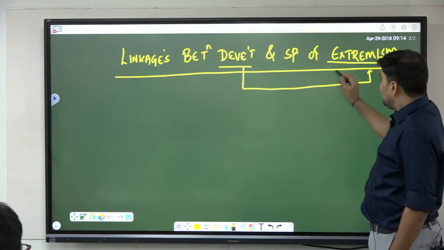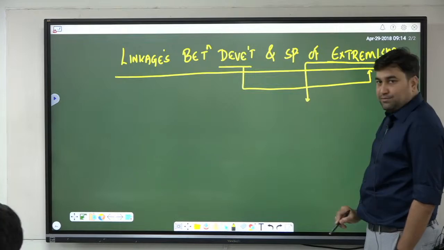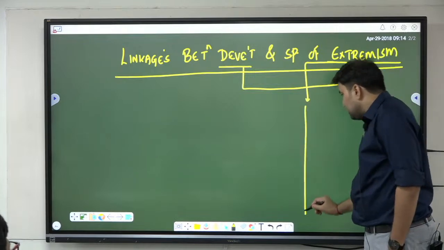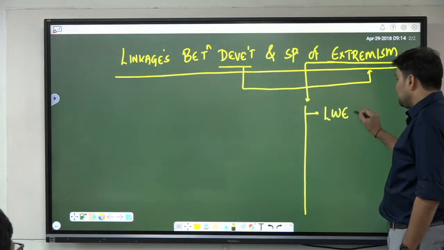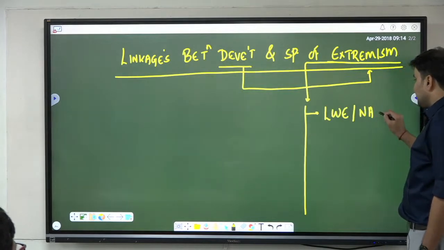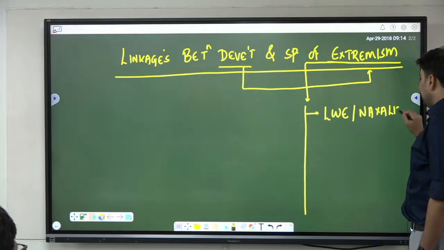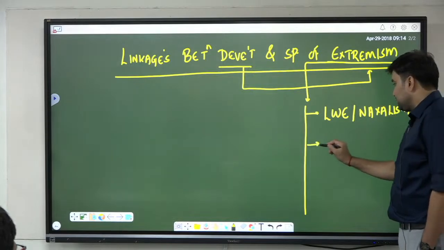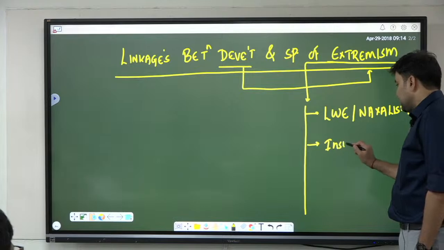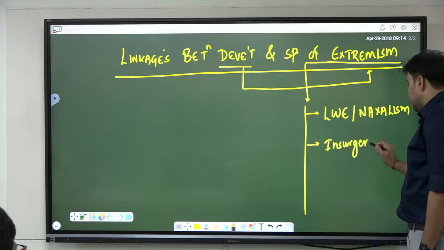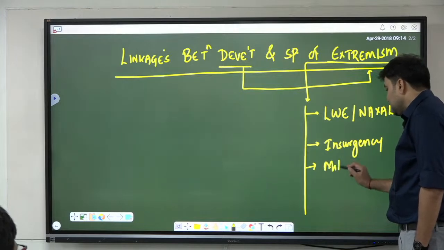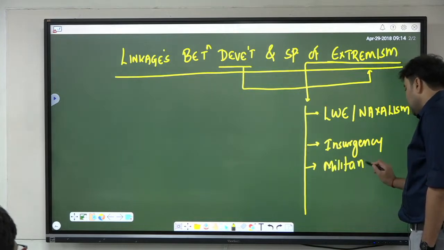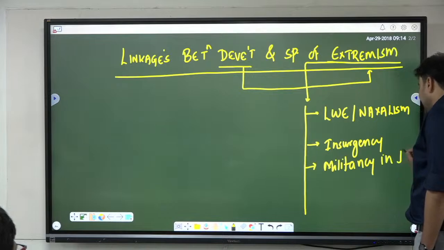Now in India, we have different forms of extremism. Few of the forms are as follows. First is left-wing extremism, which we call Naxalism, right? Second is insurgency. Thirdly, we have militancy or insurgency in J&K.